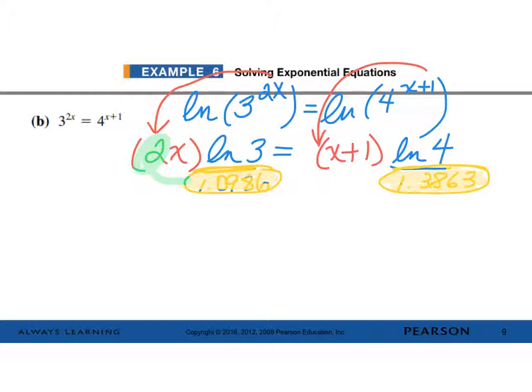So what I have there is two times the natural log of 3, and again, that's just a number. And it's about 2.1972.